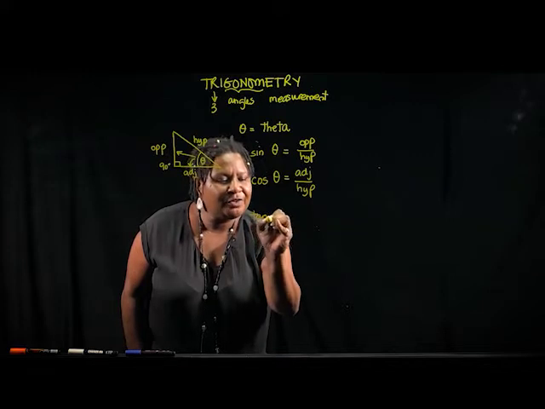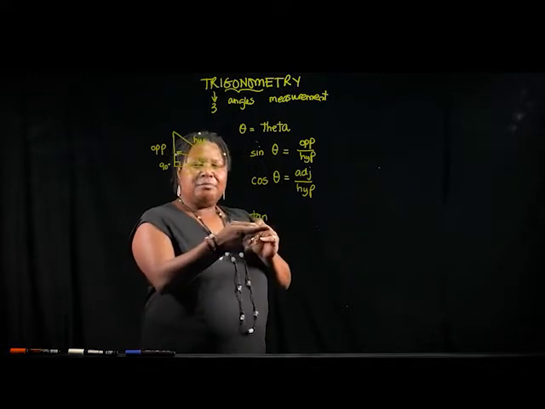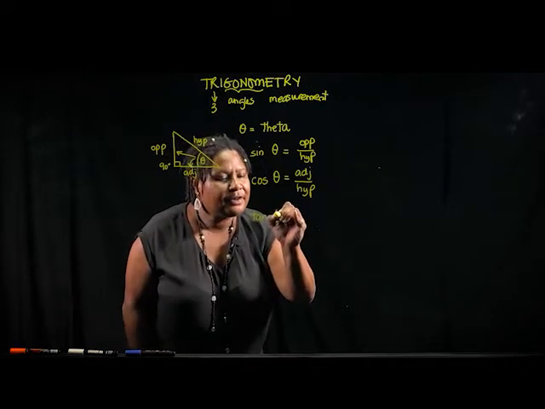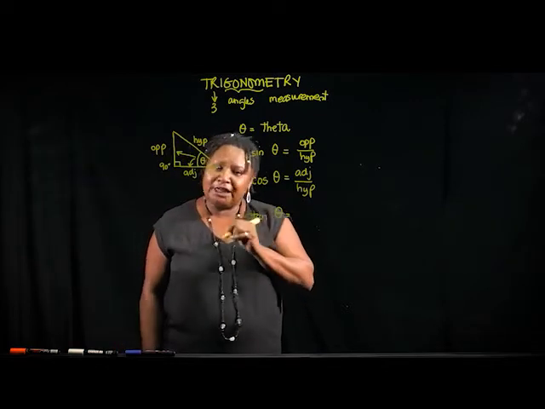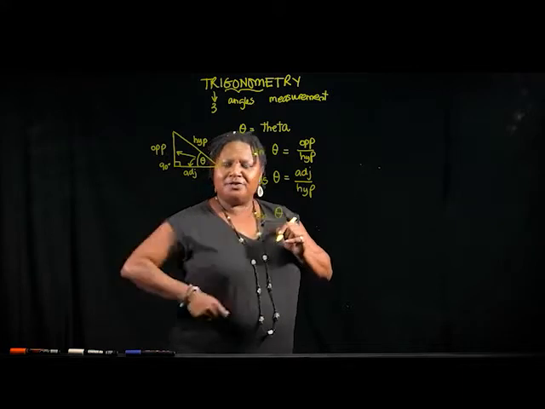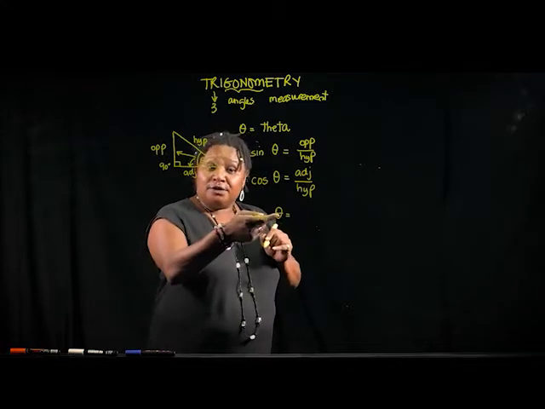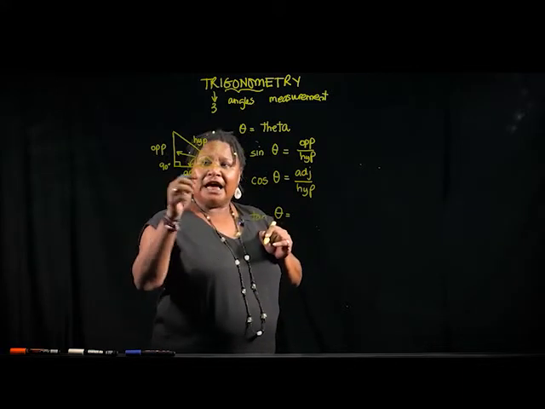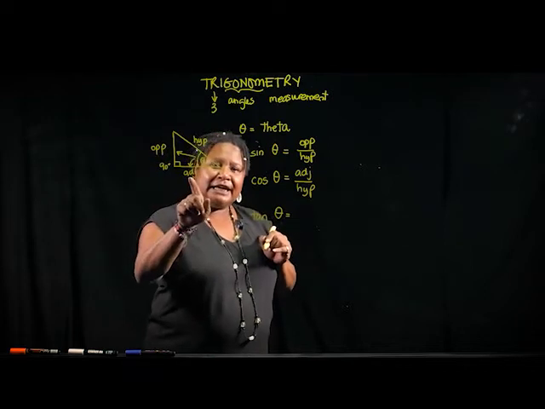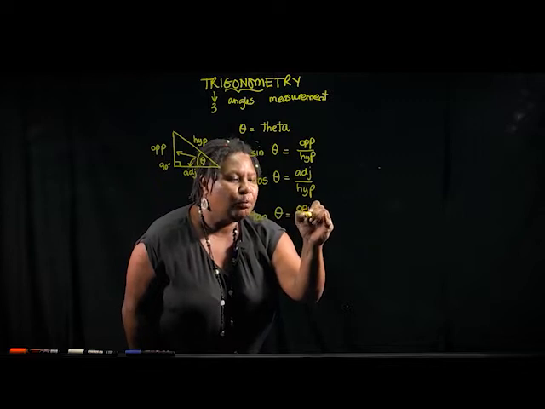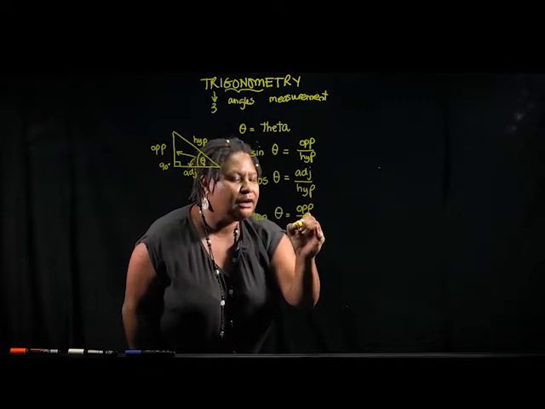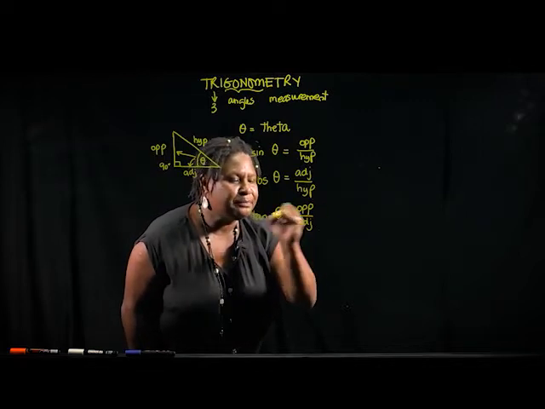Now, the tangent ratio is abbreviated to tan. So tan theta: we do not need the hypotenuse when we are using the tangent ratio. The two sides that we use here are the opposite and the adjacent. So the ratio is opposite over adjacent.